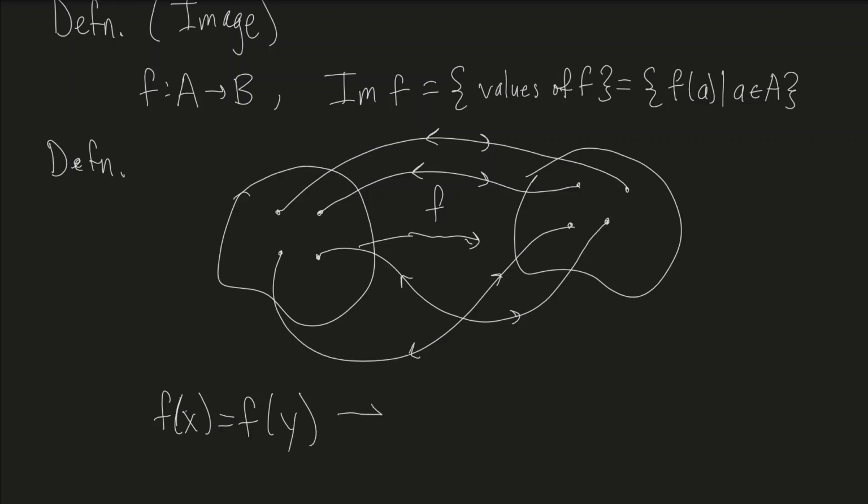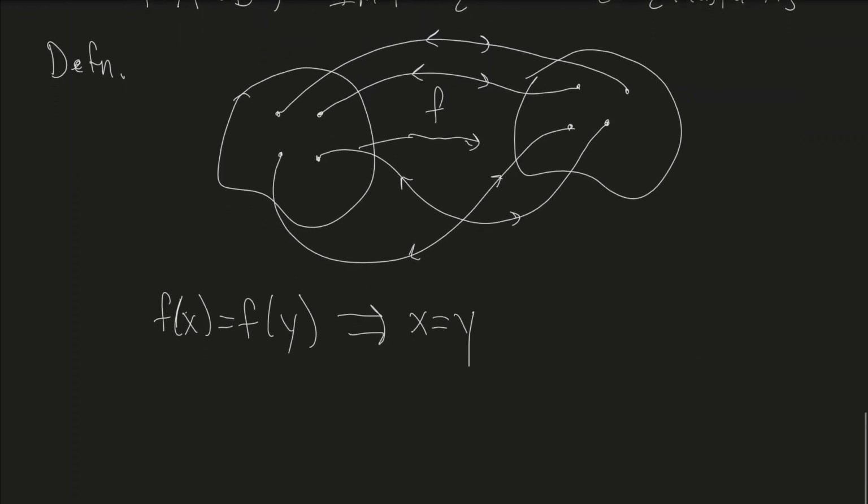This is only possible if x is equal to y. It's not possible when x is not equal to y. Okay? This concept is called injectivity. It's also called one-to-one, as I was saying before. These are completely equivalent.